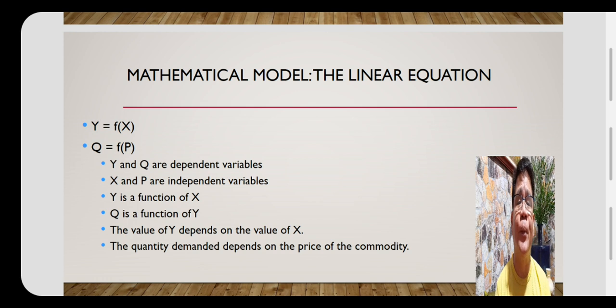So I will say y is the dependent variable and x is the independent variable. And it is stated y is a function of x. The value of y depends on the value of x.